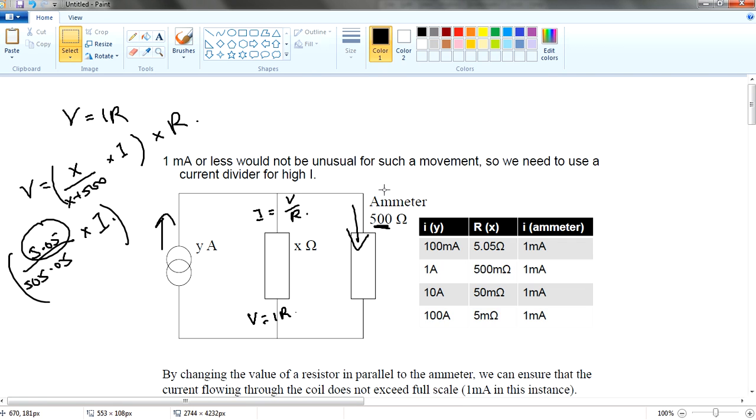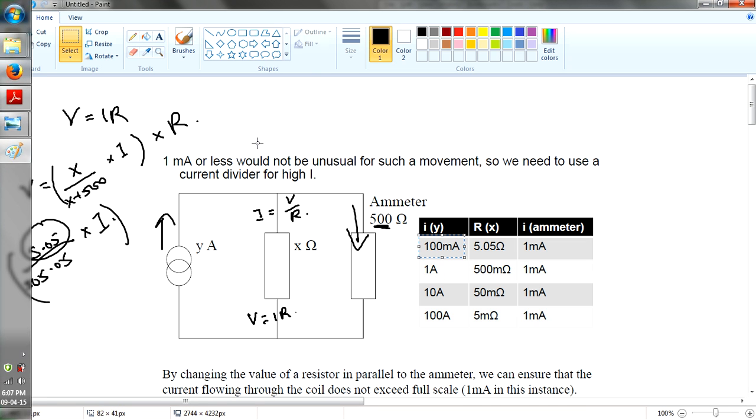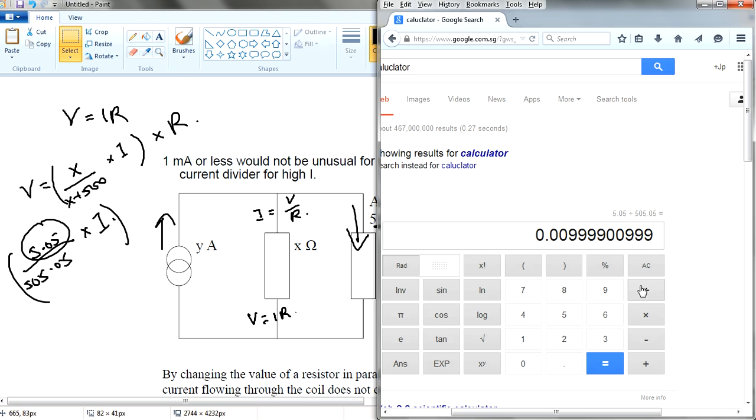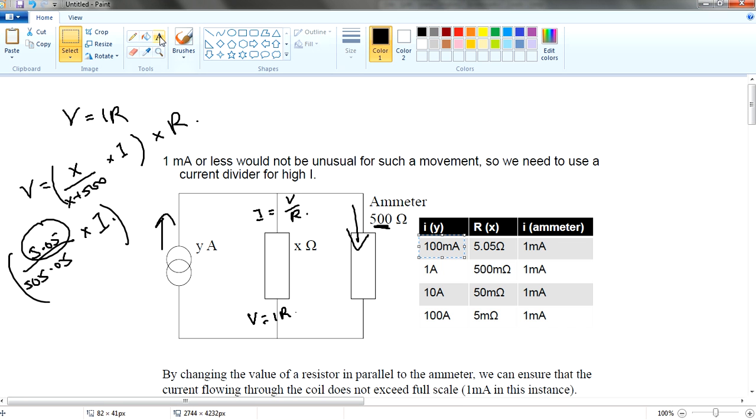And if I multiply with the input current of 100 milliamp, which is 0.1, as I showed you just now, I'll have 0.0009, which is 0.9 milliampere. If you round off, it's actually 1 milliamp.